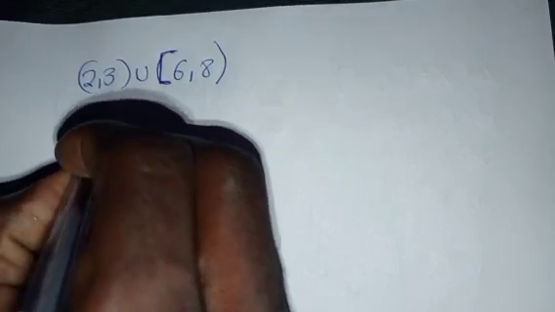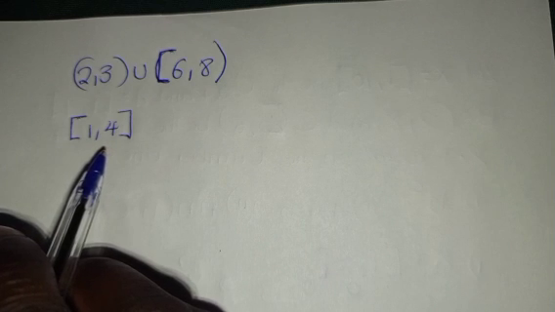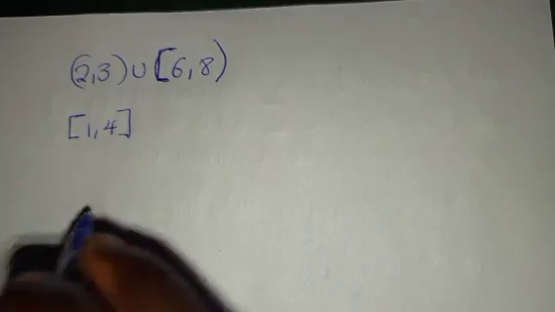So A, remember your A is from the context you were given. A was closed 1, 4 closed like that. So this is our A, the one we were given in the statement. Remember, you want the intersection of what you are doing.